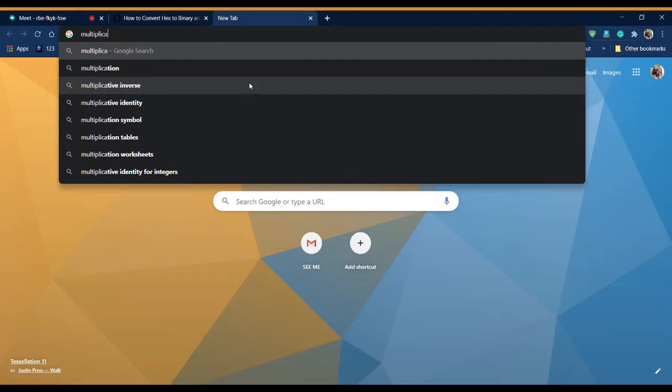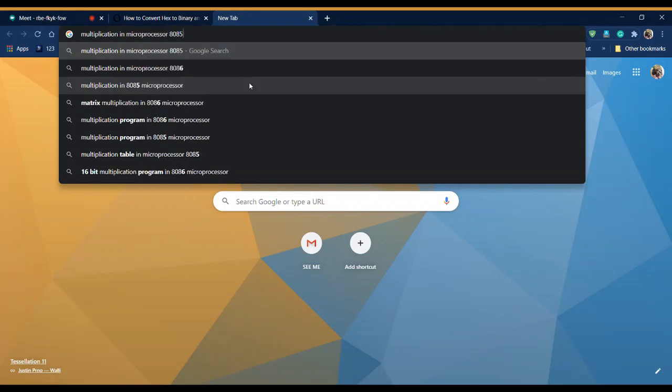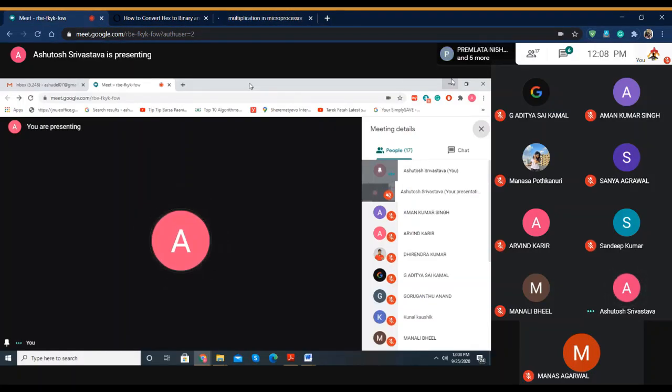After you have completed the operation, you need to store the result in, say, 2050. Can you write an assembly language program?